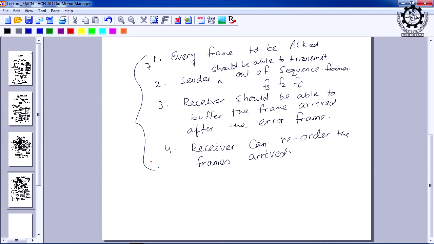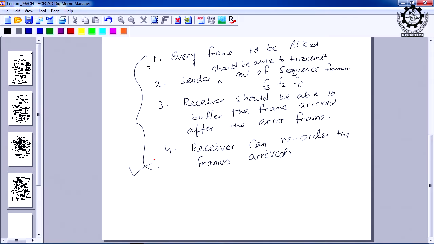The receiver side should also have the buffer space to hold all the frames transmitted after the erroneous frame, and after receiving the correct frame, it should reorder them, keep them in sequence and send them to the upper layer, that is the network layer, to assemble them. That is the job of your sender side DLL and the receiver side DLL. When this is possible, we say selective repeat can be a better solution.